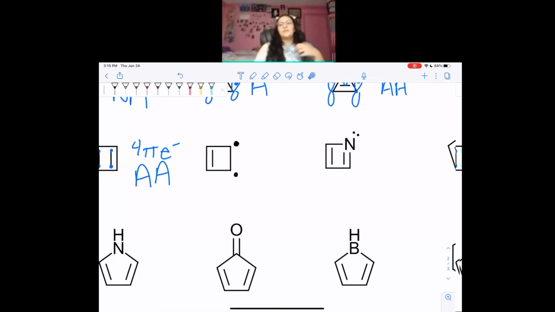It being fully conjugated means it's going to be planar because it's a small ring, right? Now, how many pi electrons do we have? We still have 4, absolutely. So 4 pi electrons, and y'all know by now, 4 pi electrons means what? Anti-aromatic.